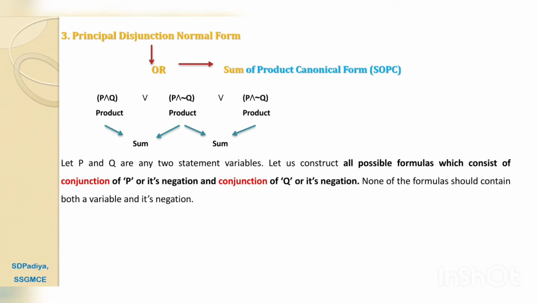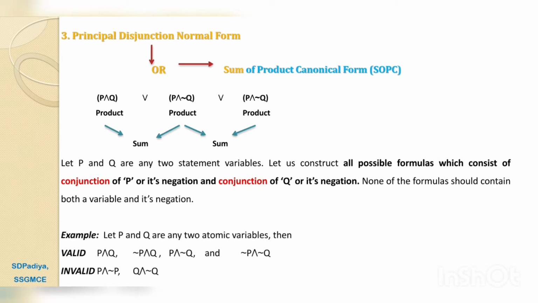For the sum of product canonical form, we have to find the elementary product terms. But in elementary product terms, a variable and its negation together is not allowed. It is invalid. If we find the conjunction, that is the elementary product of P or its negation and Q or its negation, then there are four possibilities.